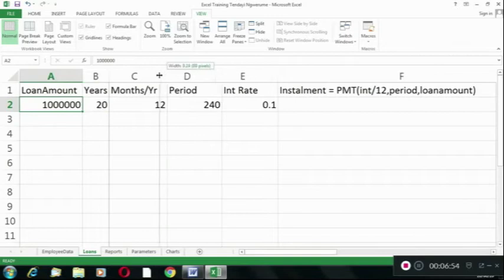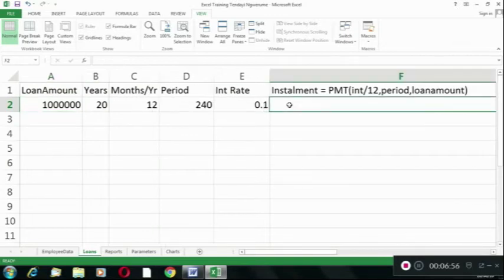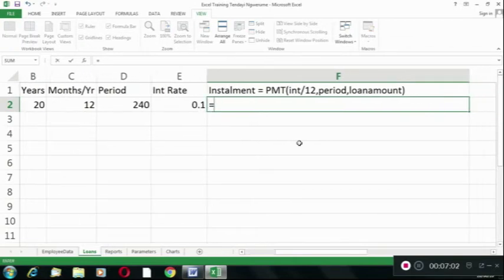Other information needs to be calculated. So if we come here now and we put in the formula that says equal to, then we put the PMT function, open bracket, the interest rate is in this cell.